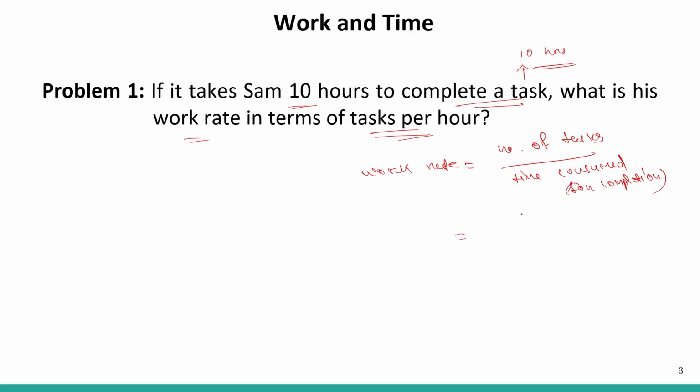So this is one task, and it took him 10 hours. So this much amount of task per hour is his work rate. Sam's work rate is equal to 1 by 10 tasks per hour.